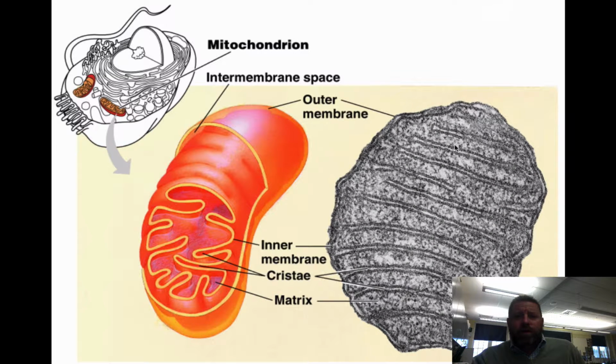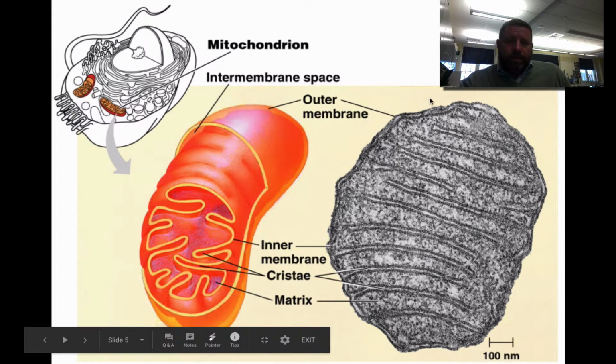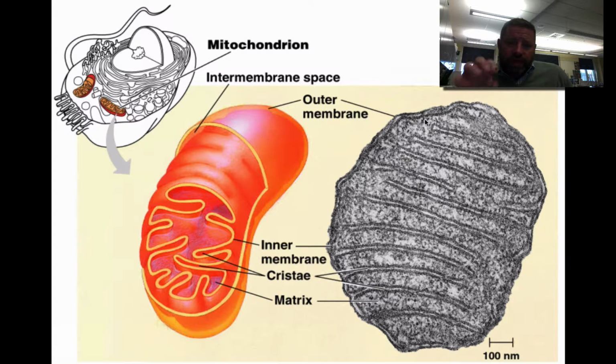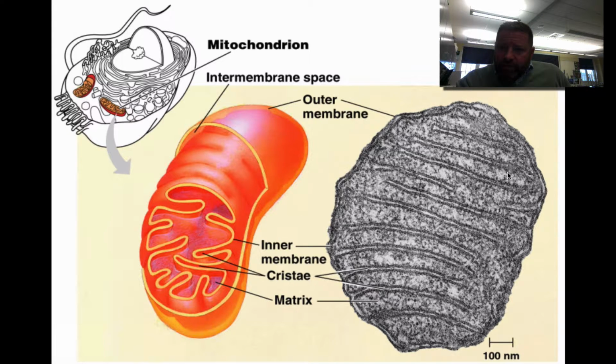So here's a picture of mitochondria. This is an electron microscope picture, a transmission electron microscope. It's looking on the inside, and what you're seeing is this outer membrane all the way around, and then there's this inner membrane. And the inner membrane, believe it or not, is all folded like this. The folds in that inner membrane add surface area.